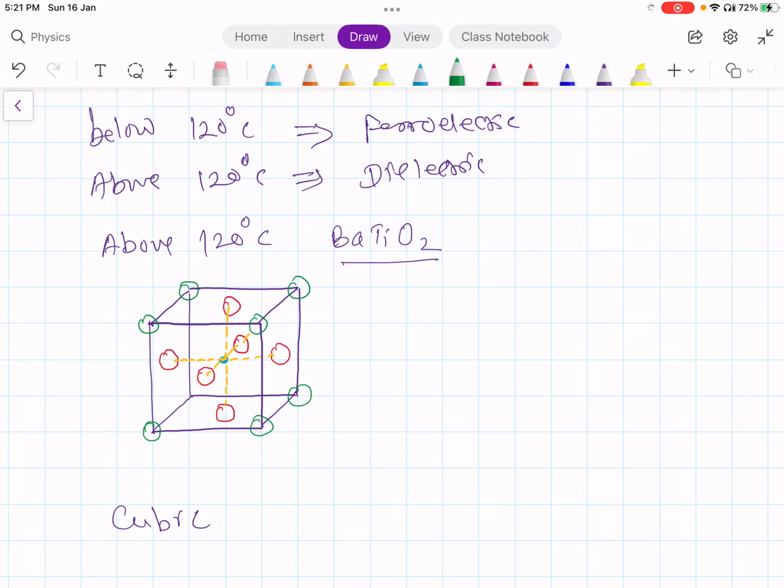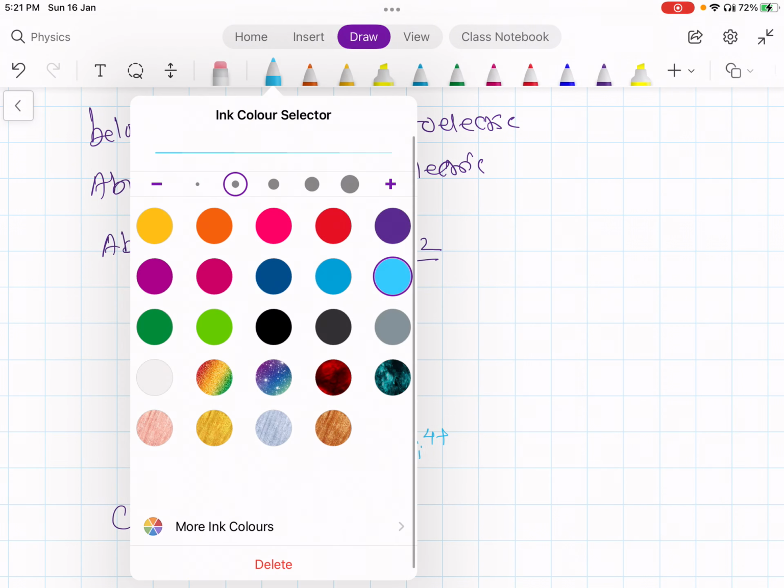So let me say that this is barium, then the red are oxygen, and this one is titanium. So at body center there is titanium.